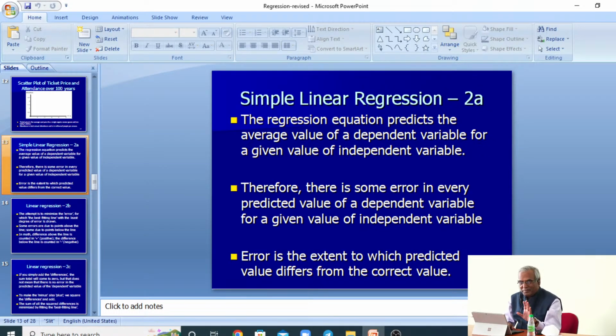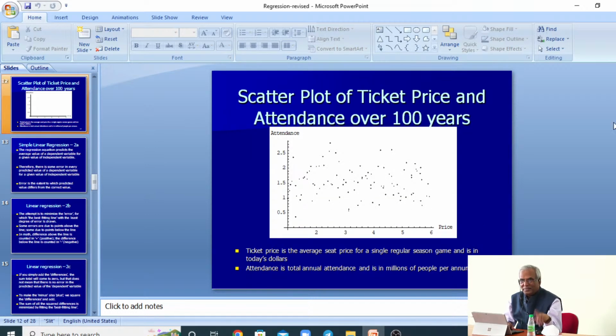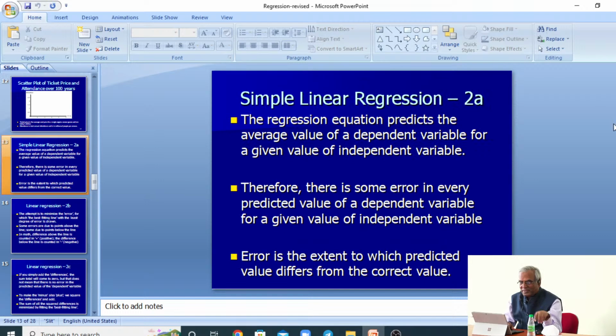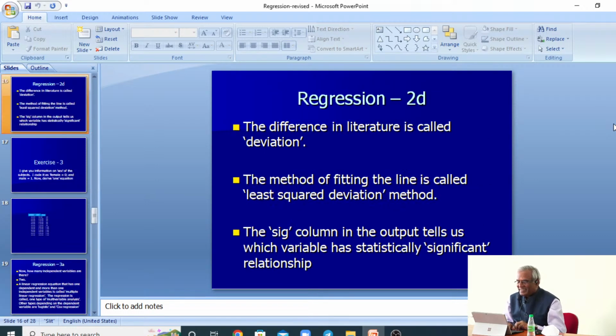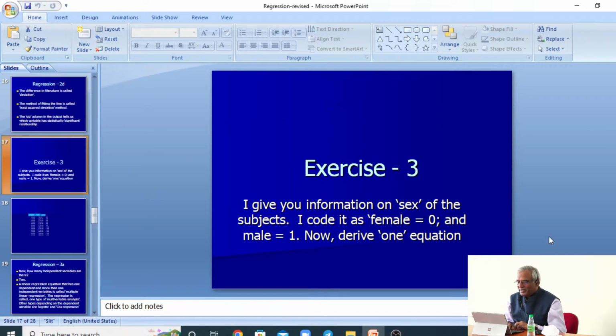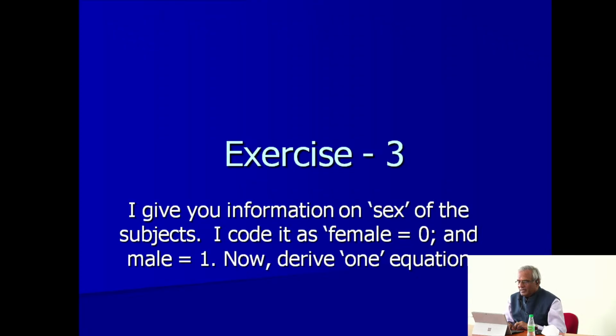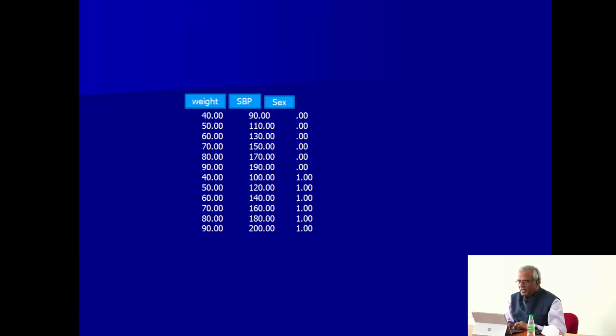Some Canadian expert told me when I hesitated to use the word sex, he said, no, you are talking about biology, use the word sex. Right? So the sex of individuals was not told to you, it is given in this last column, and coding has been done.